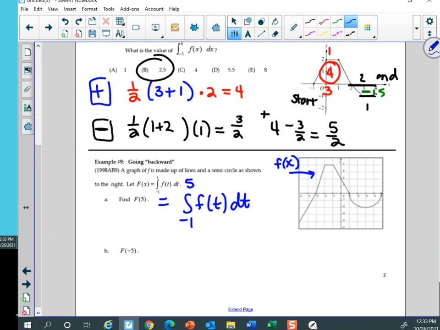So we're going to go from -1 to 5. This is my start. This is my end. I'm going that way. So here's my x-axis. Here's my one boundary. That's going to be positive. That's going to be negative.